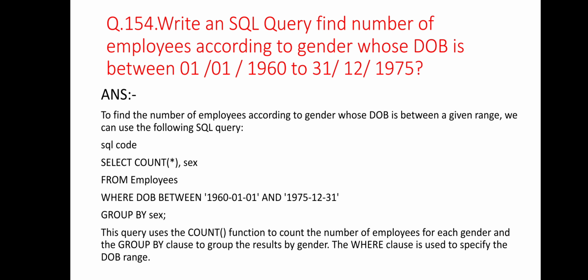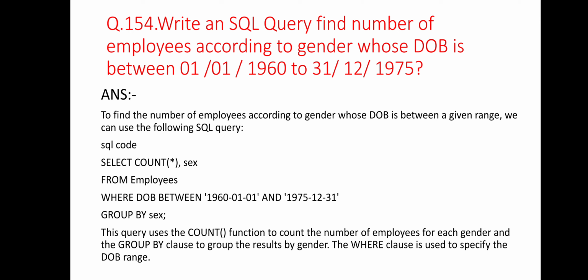Question number 154. Write an SQL query to find the number of employees according to gender whose date of birth is between 1/1/1960 to 31/12/1975. To find the number of employees according to gender whose date of birth is between a given range, we can use the following SQL query.